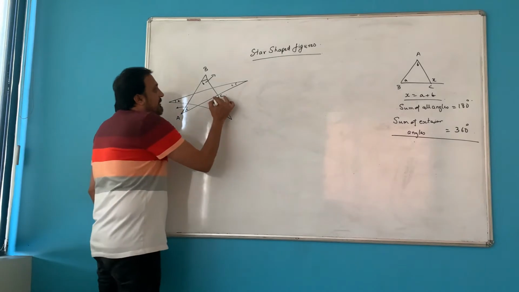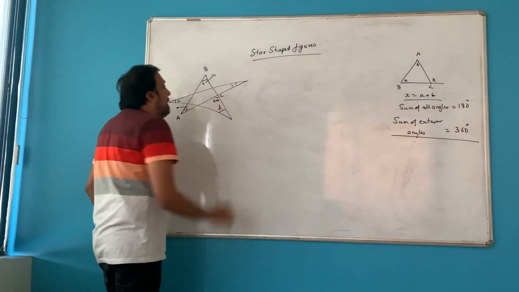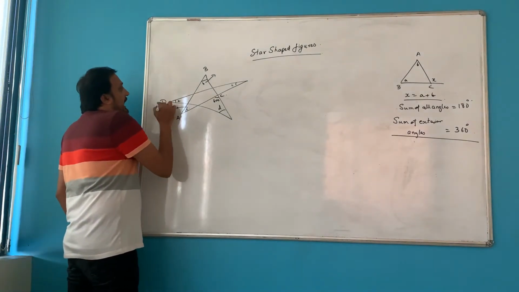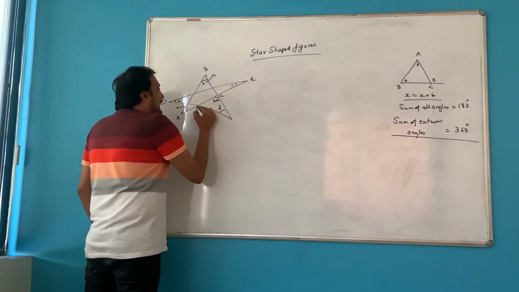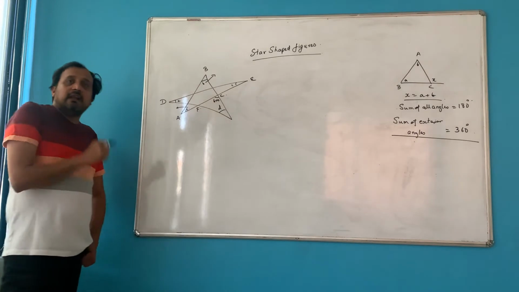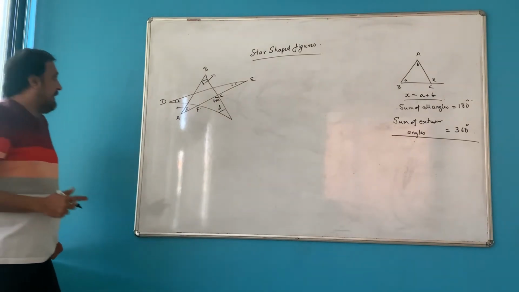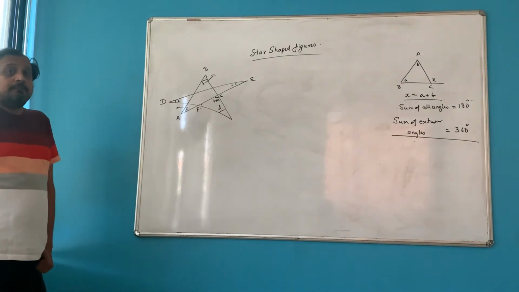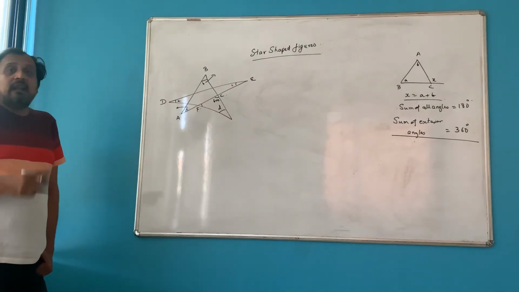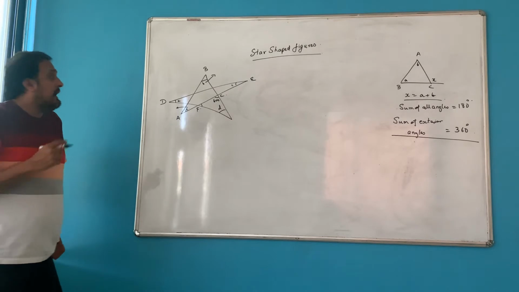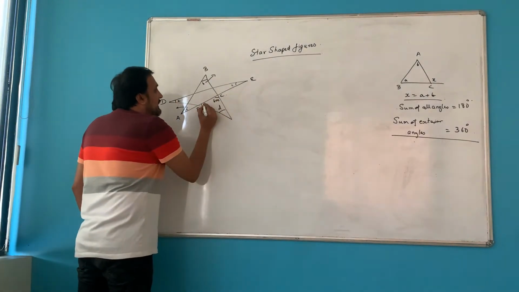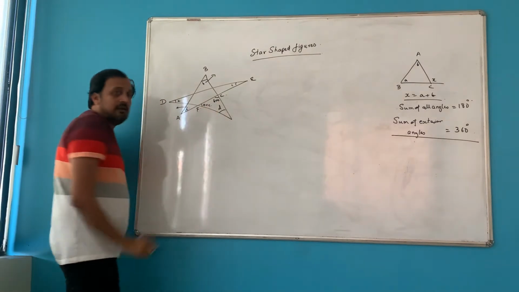So this angle here would be equal to B plus E. Again, let's look at my triangle DEF. This angle here would be the exterior angle for triangle DEF. Can I say this angle would be nothing but A plus C? So this will make it A plus C.